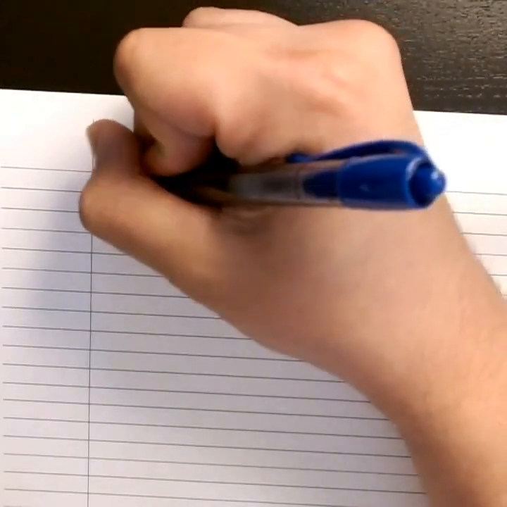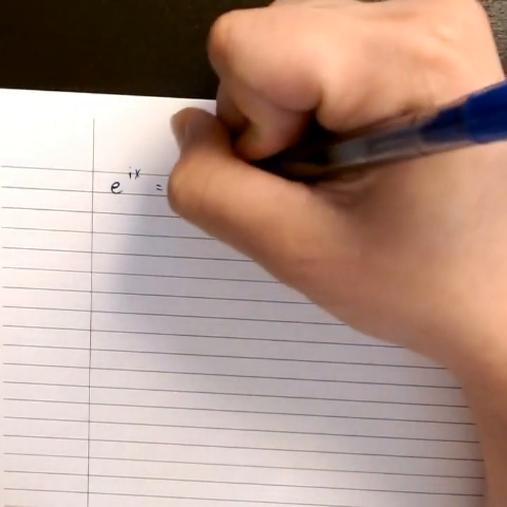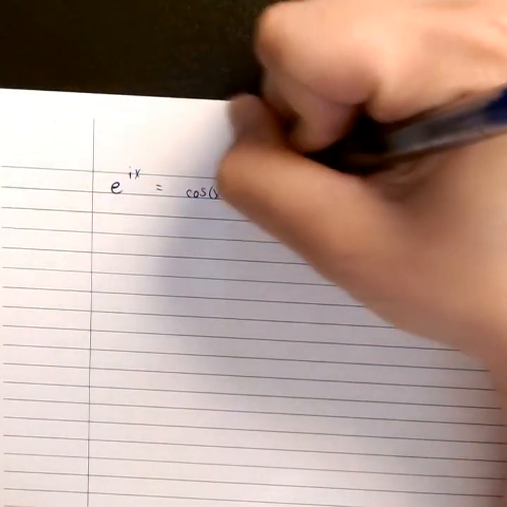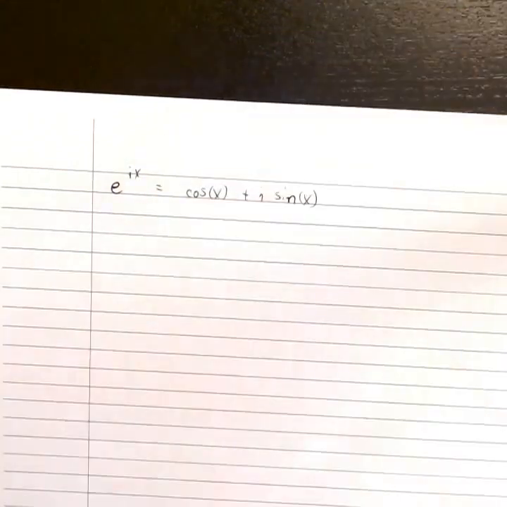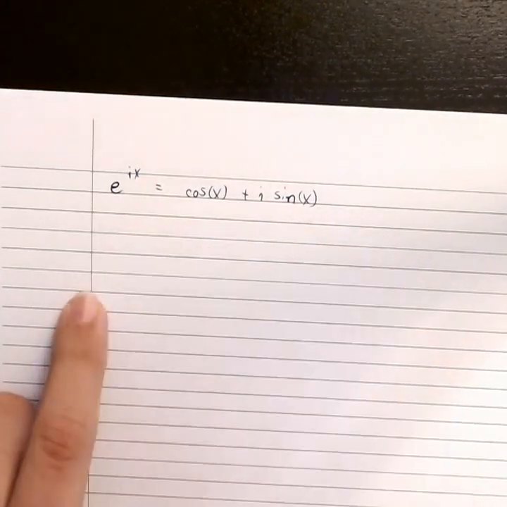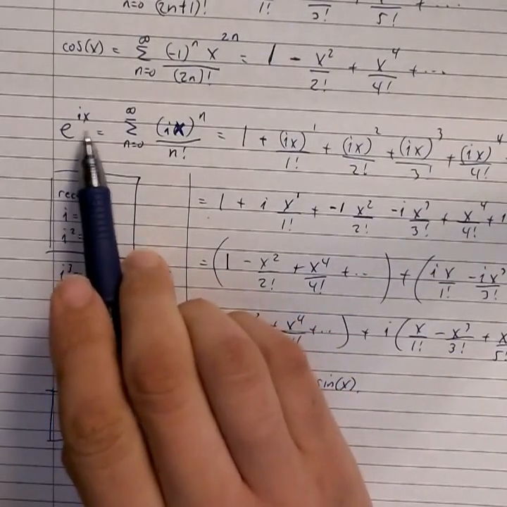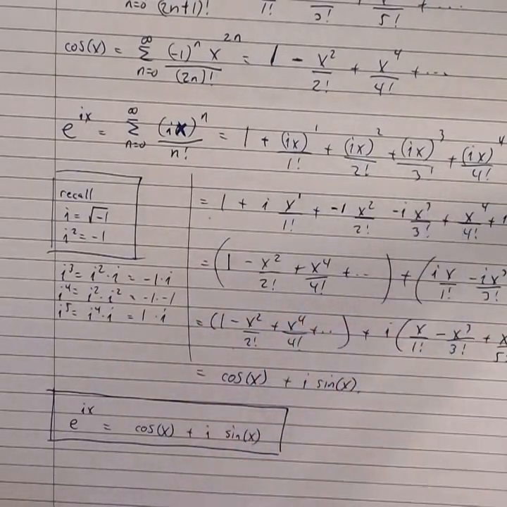Note that if I have e to the ix, that's equal to cosine of x plus i sine of x, just like that. We can show that, and I'm not going to go through the derivation because it's exactly the same as the one we just saw, except that instead of plugging in an ix, you plug in a negative ix right here for all of these.